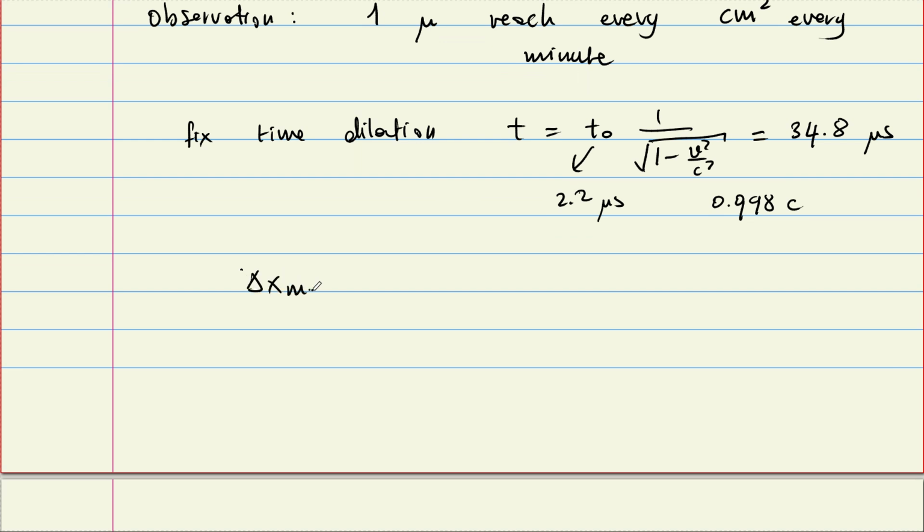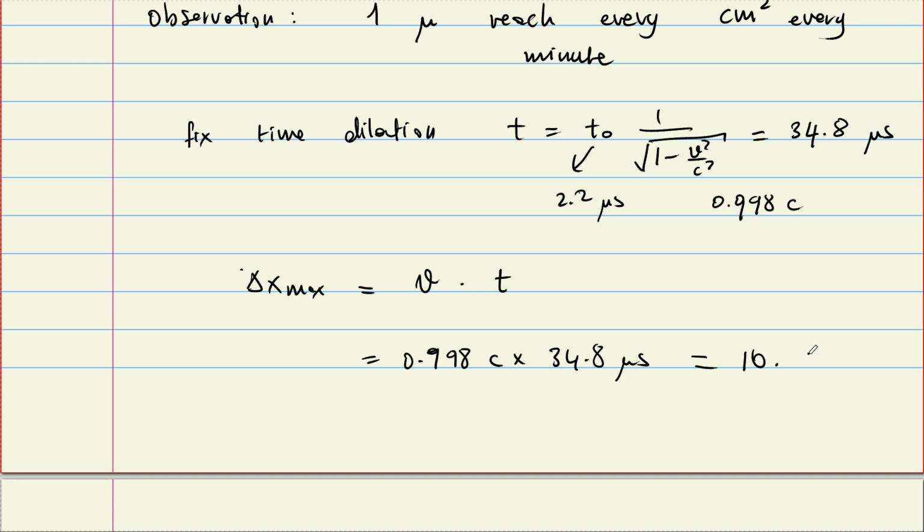delta x max is going to be equal to V muon times T, not T naught, so 0.998 C times 34.8 microseconds. My calculations are generally wrong, but you can check it for yourself.